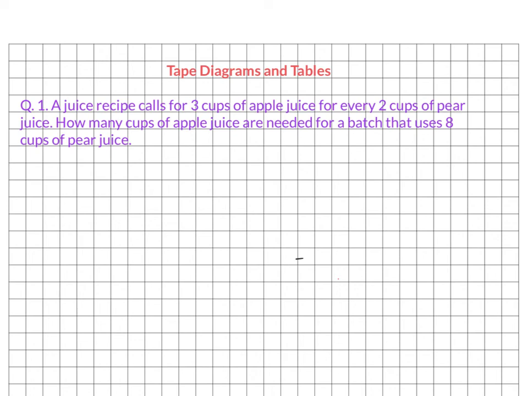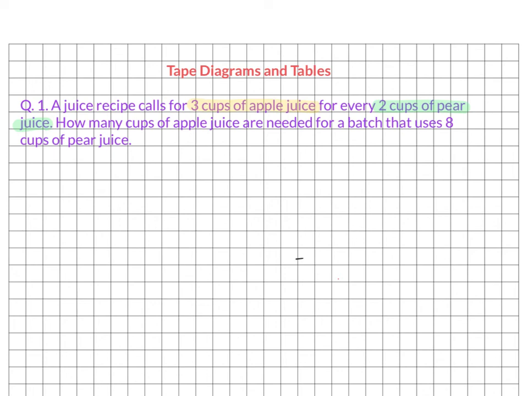So I'm going to highlight apple juice with yellow, and I'm going to highlight pear juice with green. So I have 3 cups of apple juice and 2 cups of pear juice. So this is what we are comparing. In the second question, it says, how many cups of apple juice are needed for a batch that uses 8 cups of pear juice?